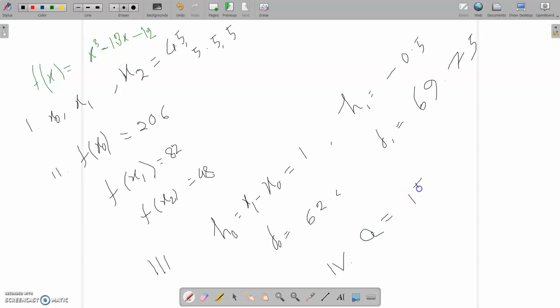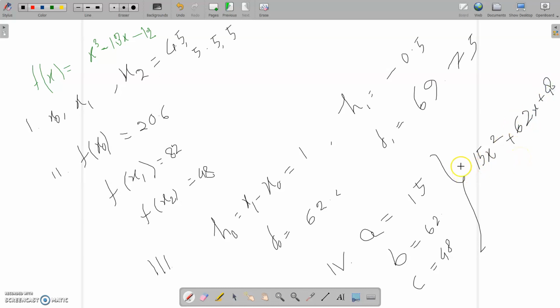So a comes as 15, b comes as 62 point something, and c comes as 48. That means the equation of my parabola is 15x square plus 62x plus 48. This is the equation of my parabola.